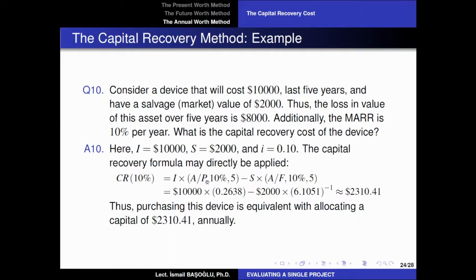Now, both A over P and F over A can be checked from the table, and we will be calculating the sinking fund factor by taking the reciprocal of F over A. And the result is $2,310.41.